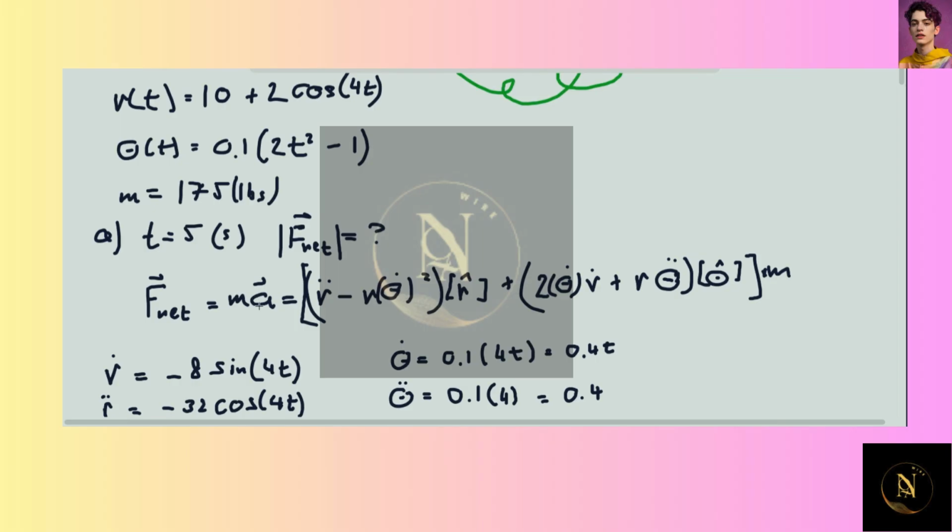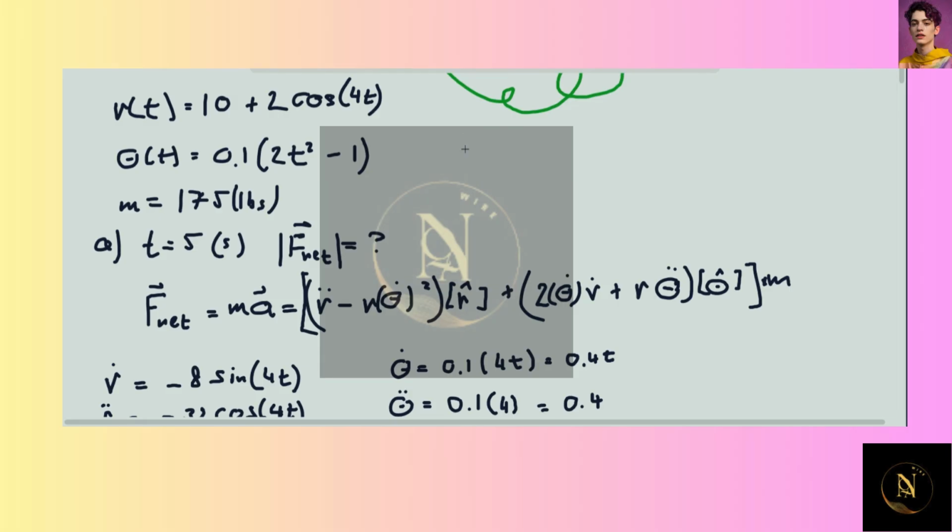In order to find F net, we know that F net is equal to the mass times the acceleration of the pilot. This is just Newton's second law. So what does the acceleration look like in polar coordinates, r and theta, since we're moving in a plane?